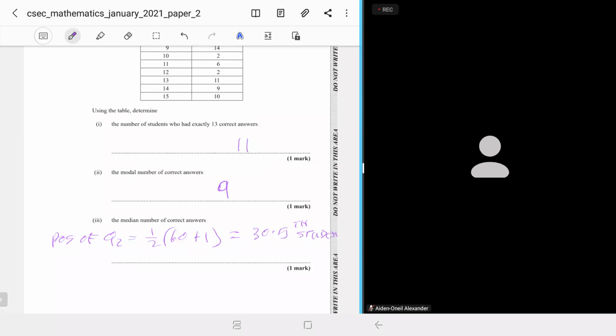So it is the average of the 30th student and the 31st student.